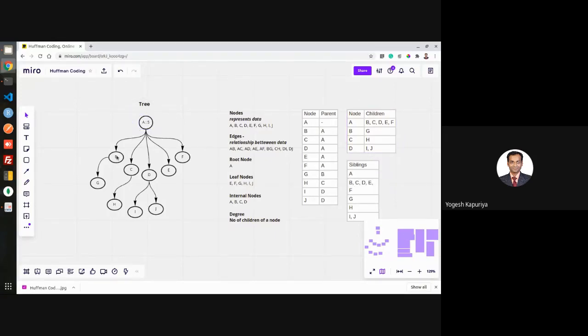The reason is there are 5 children of A. Similarly, degree of B is 1, degree of C is also 1, and degree of D is 2.